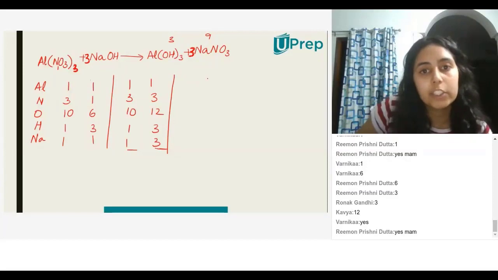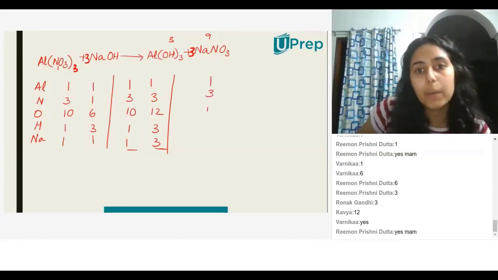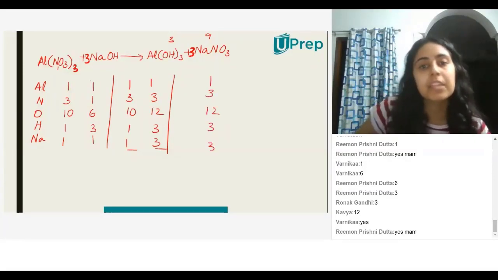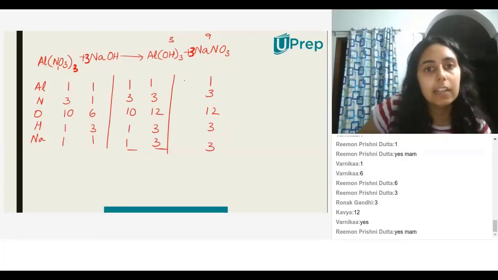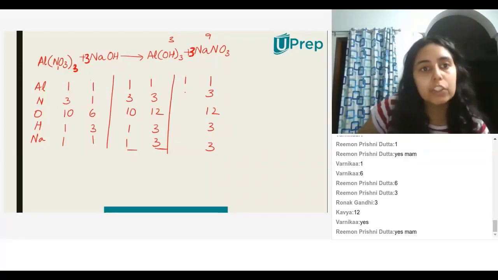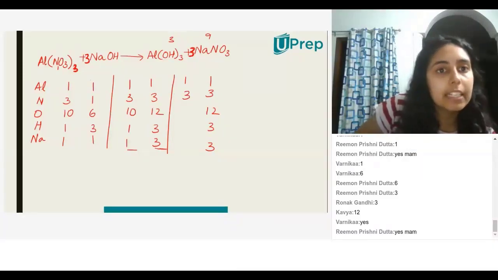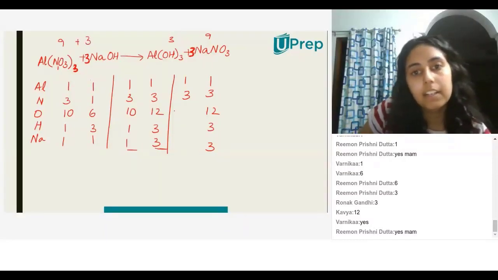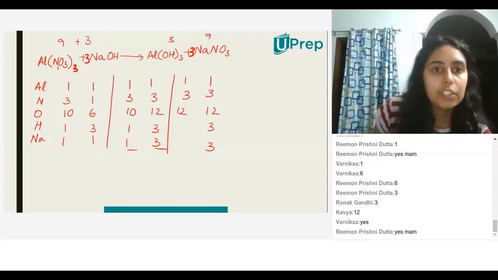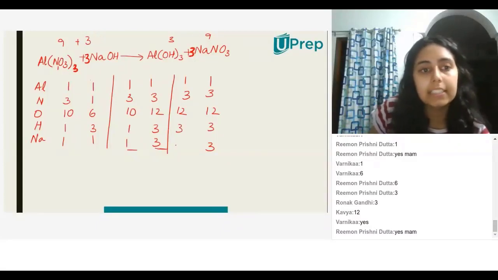Nothing has changed on the right-hand side: 1, 3, 12, 3, 3. On the left-hand side, aluminum stays the same, nitrogen stays the same, oxygen has changed: 3 times 3, 9, plus 3, 12. Hydrogen is 3 and sodium is 3.